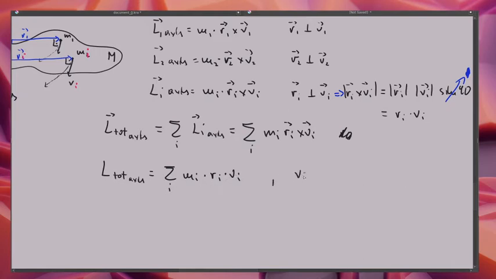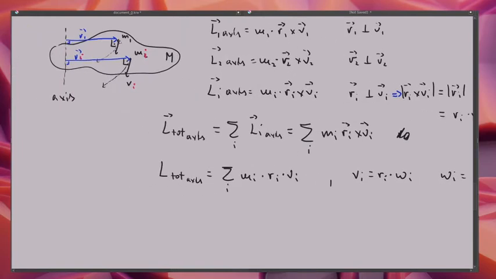What I can do is I can write that Vi is just Ri times omega i. It's just the old equation where it's tangential speed, and this is the radius, and this is the angular speed. But omega i is always the same for whatever particle I'm considering, whatever piece of mass. They will all be covering the same angle in the same amount of time.